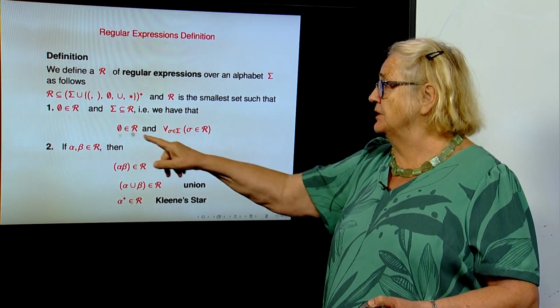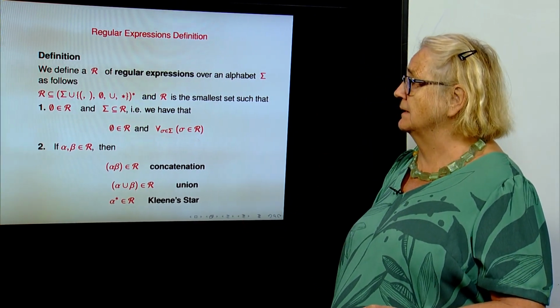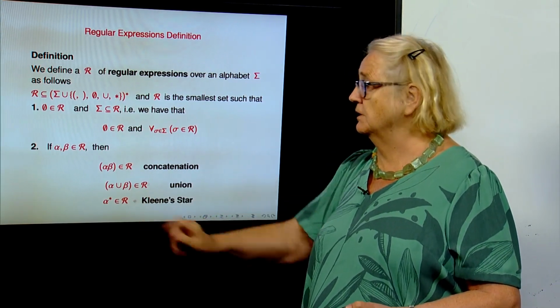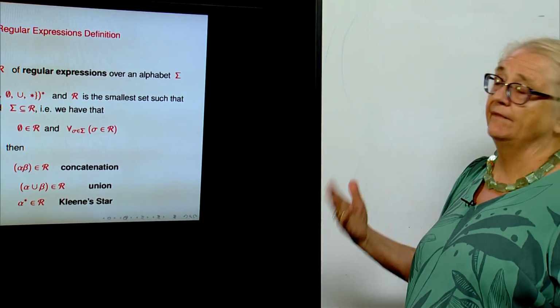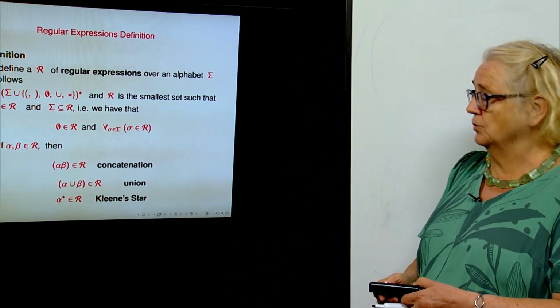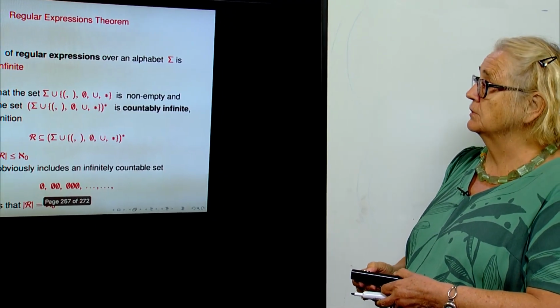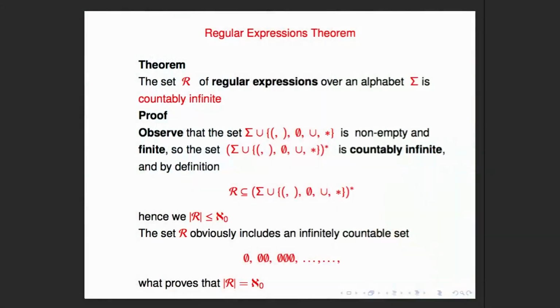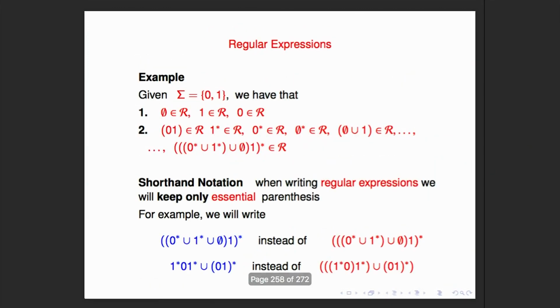It means empty is regular, and all sigma in the alphabet are regular. And now you have concatenation, union, and Kleene star. It's closed under concatenation, union, and Kleene star. So this is called a regular expression. And of course, the set is countably infinite.